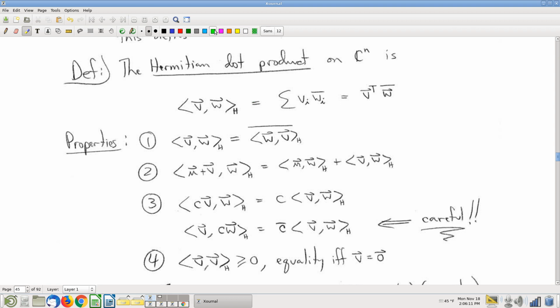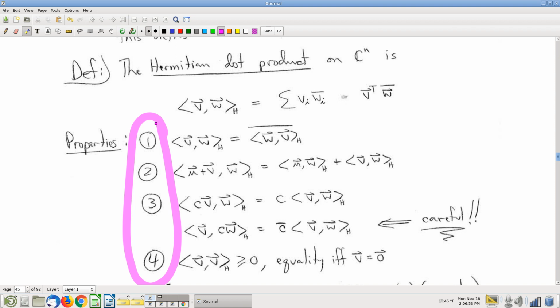You're still going to be adding up a bunch of products related to the coordinates of these two vectors. The only little asterisk is that you have to conjugate all of the coordinates of the second vector. Seemingly odd little choice, but that turns out to make for a construction that behaves reasonably well. This just happens to work. So what you'll notice is that the four properties that are satisfied here are not exactly like the four properties of the dot product or of real inner products.